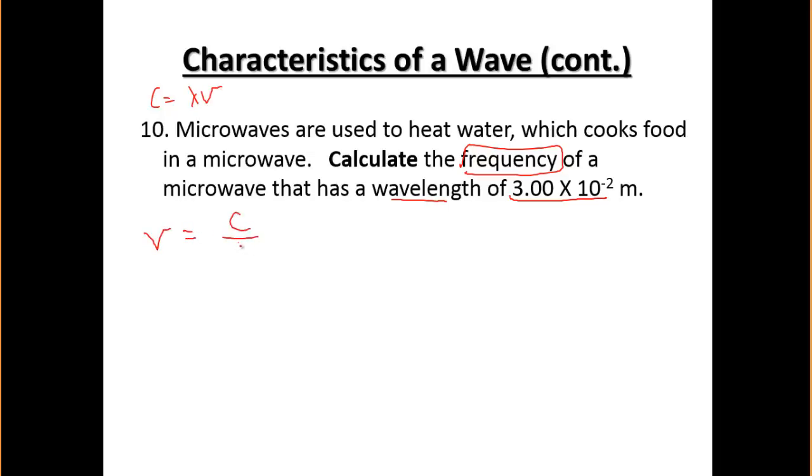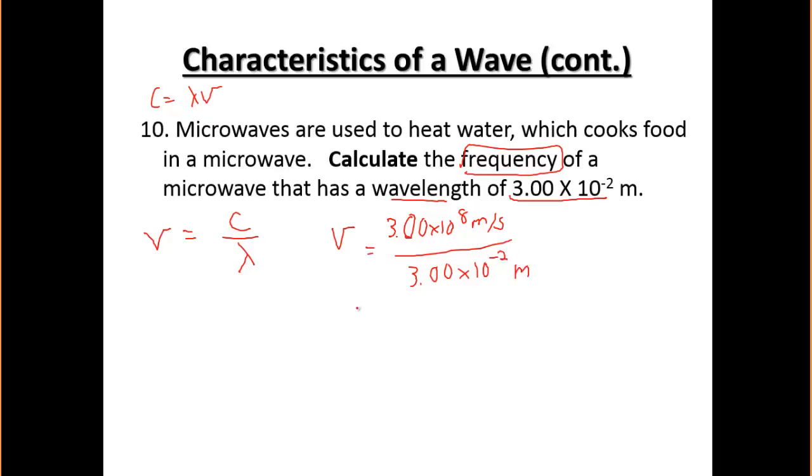So C over lambda is what we're going to use. We know C is the speed of light, 3.00 times 10 to the 8th meters per second. We know the wavelength, 3.00 times 10 to the negative 2 meters.